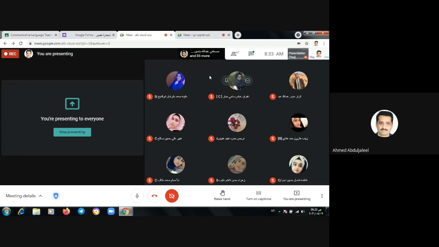So here, Group A will not have the complete story of the passage, and Group B is the same. So what is happening here? The two groups will communicate to fill the gap between the information that is missed.